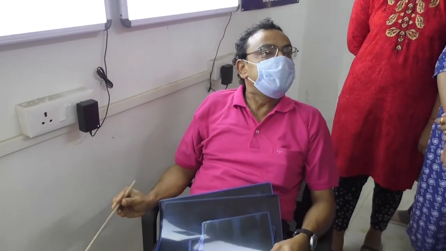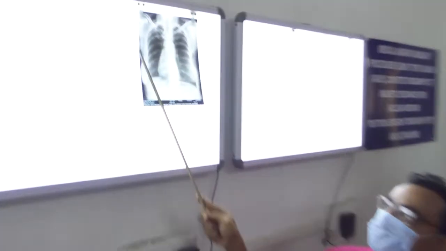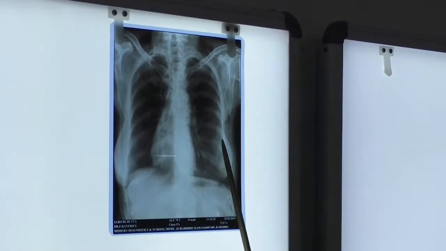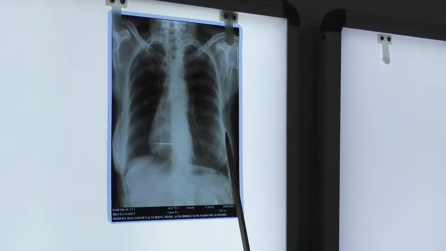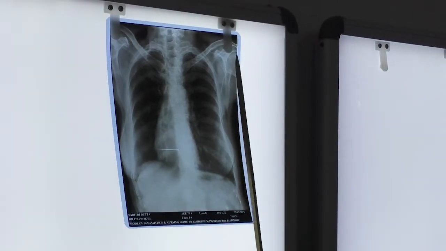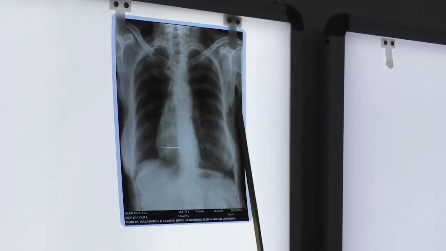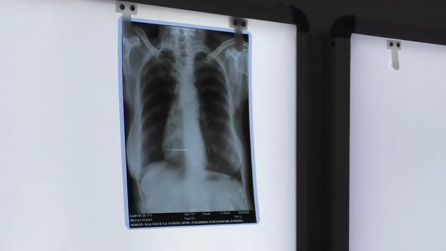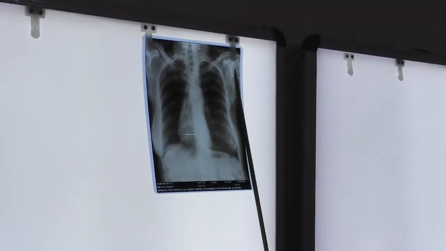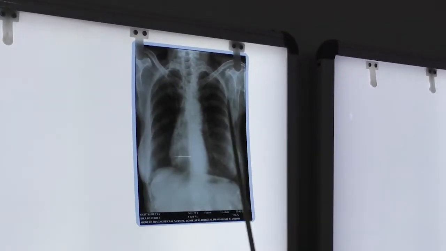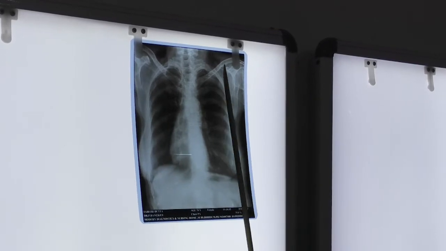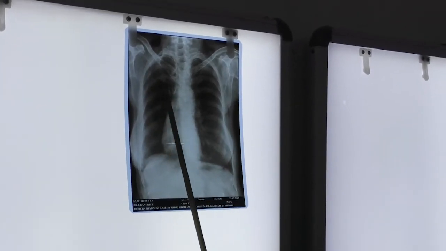They are called radiolucent, like you can see the black shadow of the lung. And here we can see the soft grey colored soft tissue shadow, which is not radiopaque. Radiolucent.